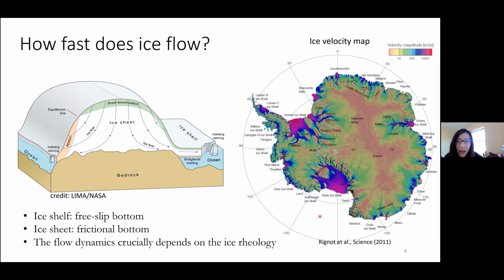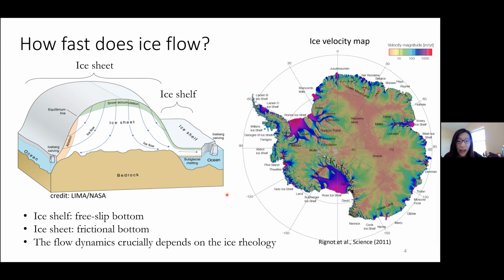To the first order, the blue and purple areas flow the fastest because ice is spreading over oceans, and we call it ice shelves. In contrast, the velocity of the ice sheet is slow, as shown in this orange and green area, because they lie above the bedrock, which provides friction to slow the ice flow.